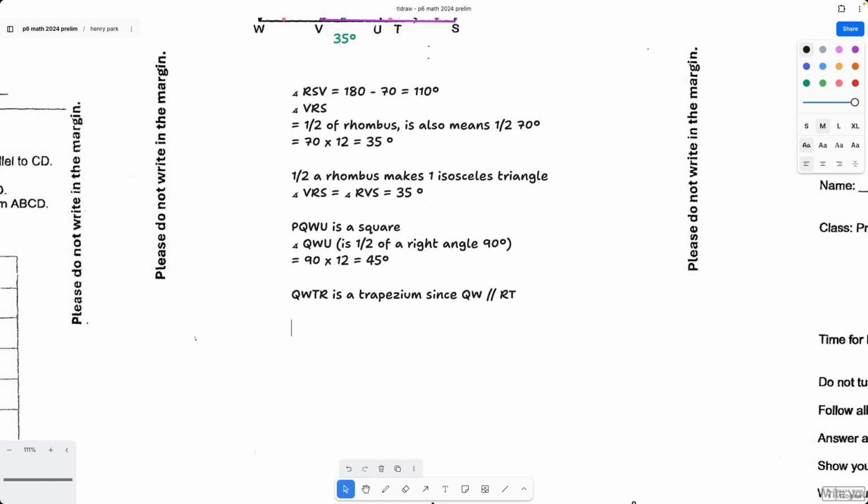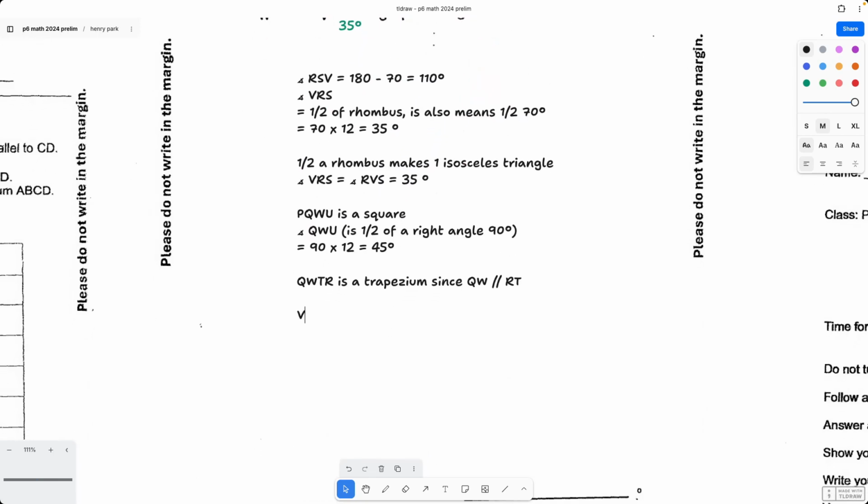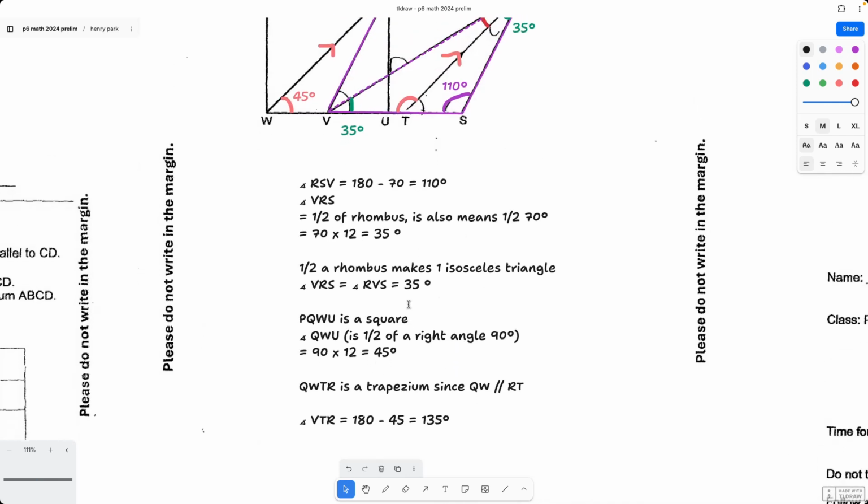So angle VTR is equal to 180 minus 45. This will give 135 degrees. So I see over here, this gives 135 degrees.